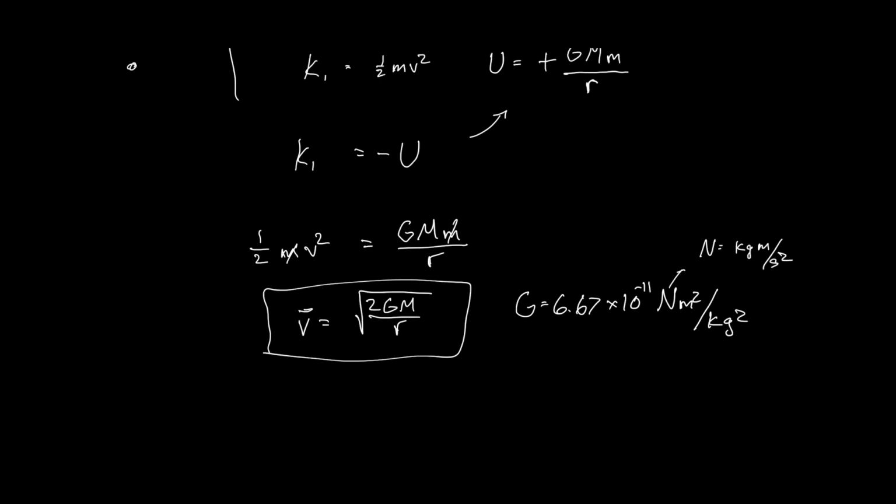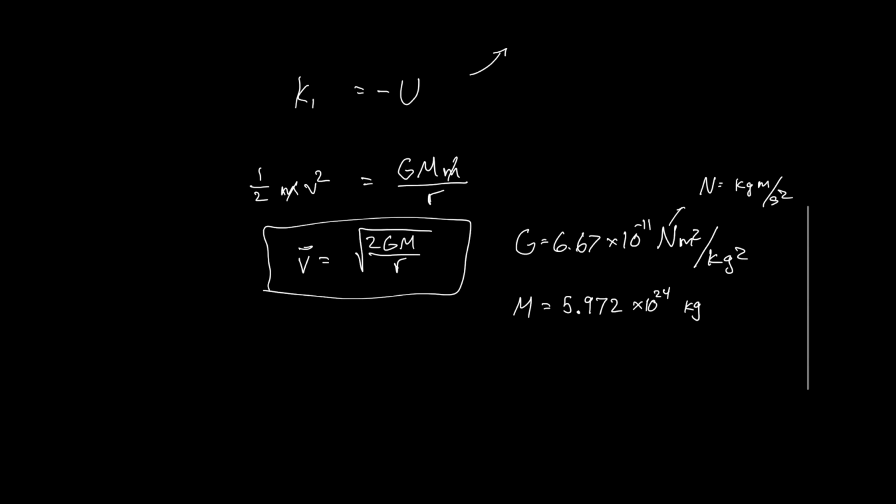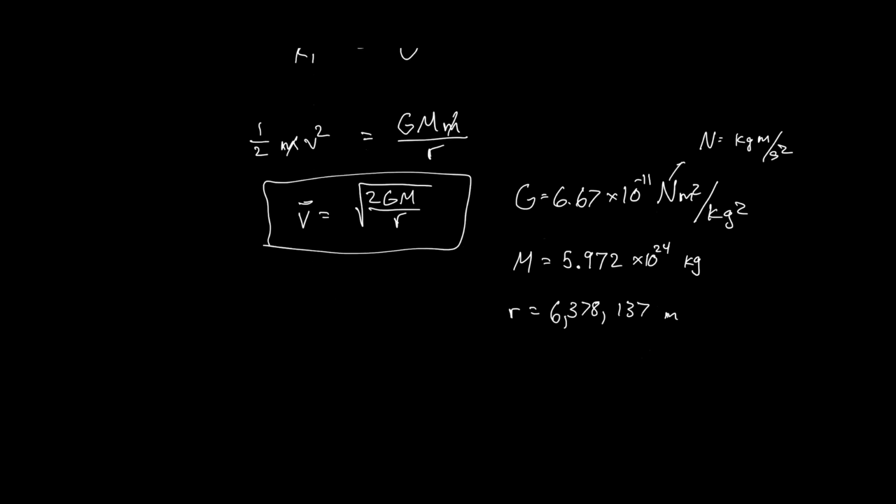And then we have our M, the mass of the Earth, which is, if the internet is not lying to me, 5.972 times 10 to the 24 kilograms. It should be good enough for our homework problem. And then R is 6,378,137 meters.